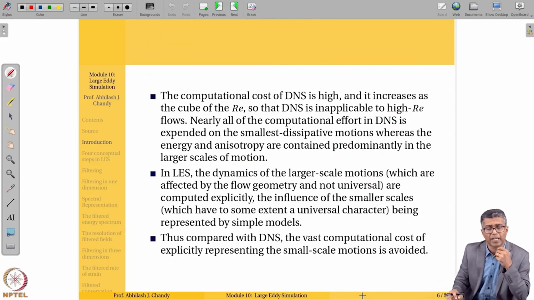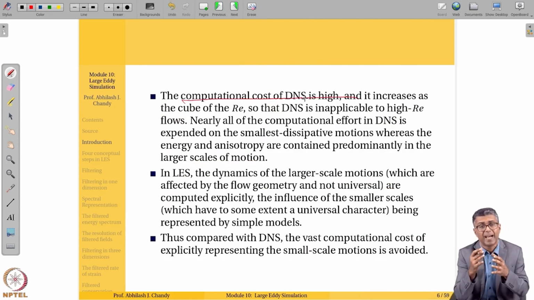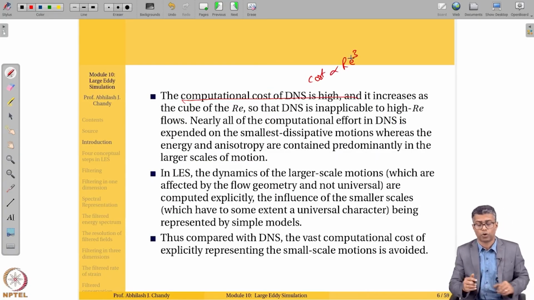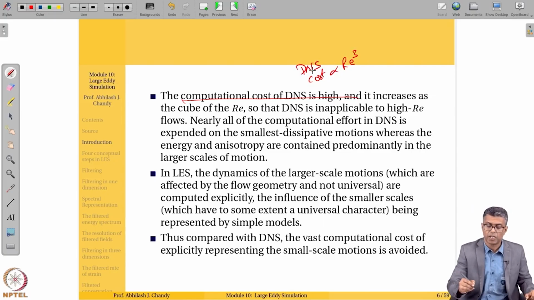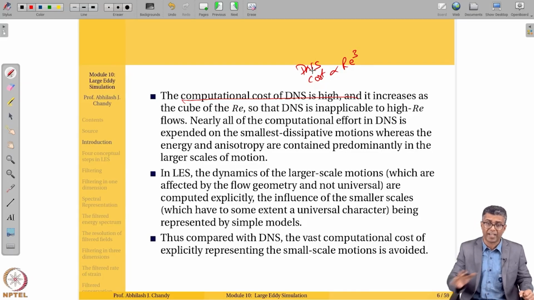Like we have discussed multiple times, the computational cost of DNS is very high, and it increases as the cube of the Reynolds number. So the cost is proportional to Re cubed. So in that sense, it cannot be applied to very high Reynolds numbers.